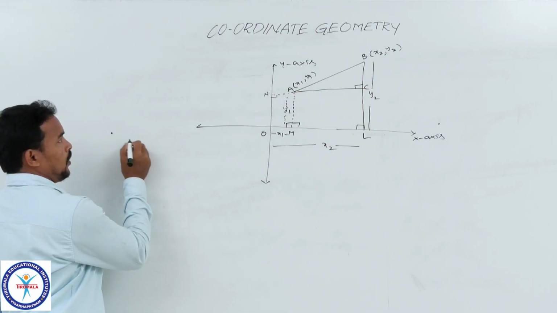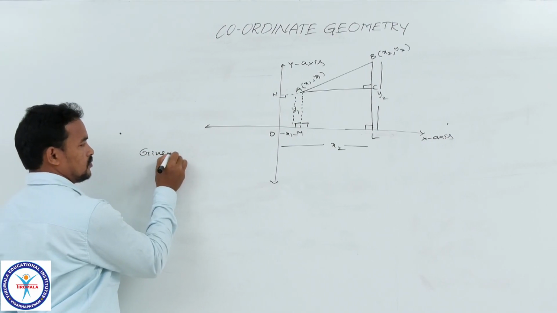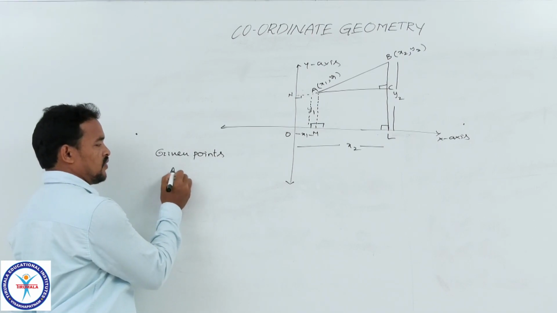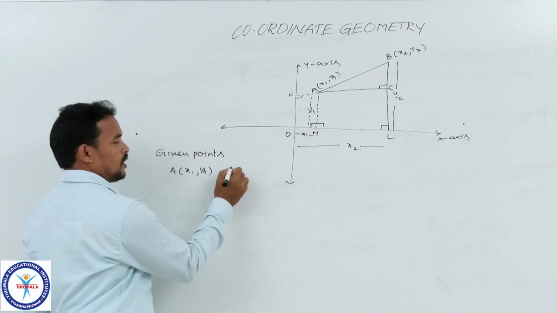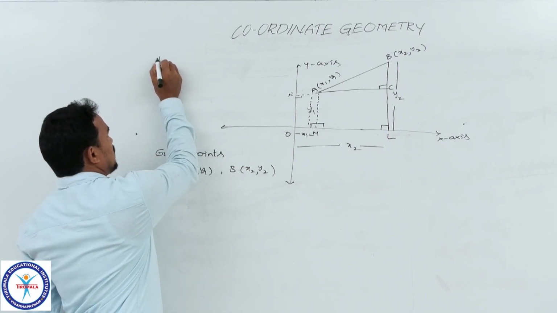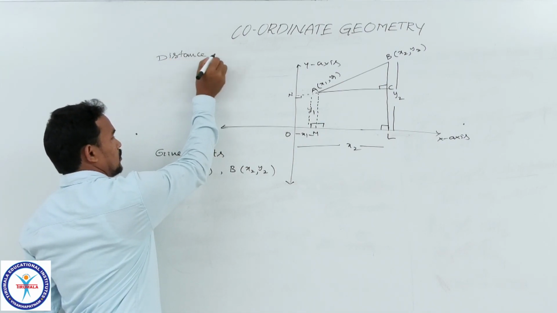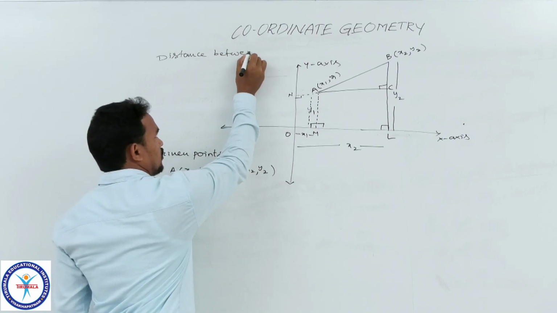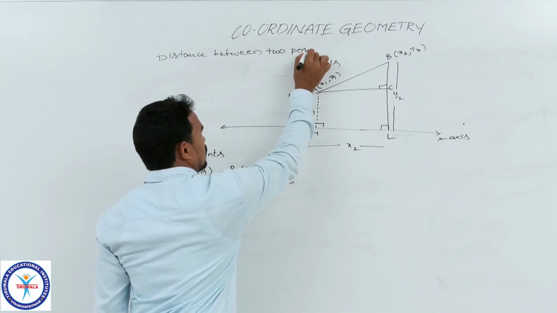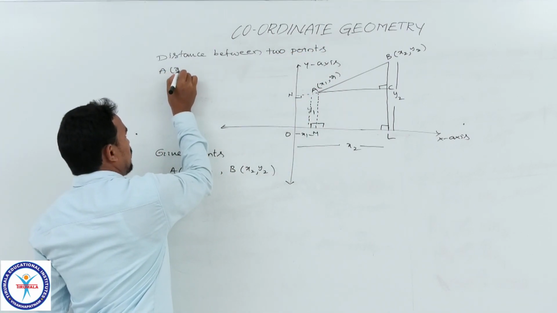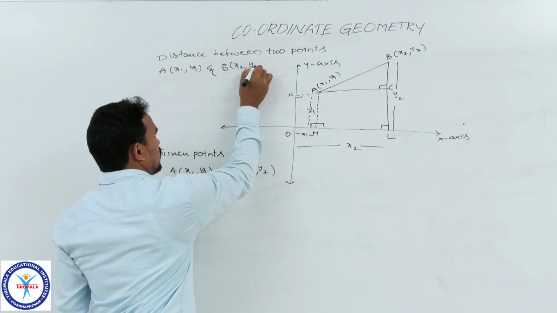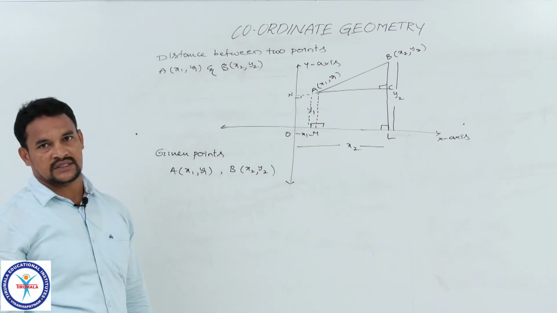Here see, given the points A of x1 comma y1 and B of x2 comma y2, what we want is the distance between the 2 points when AB is not parallel to the x-axis and y-axis.